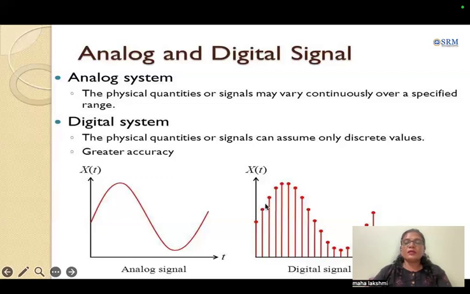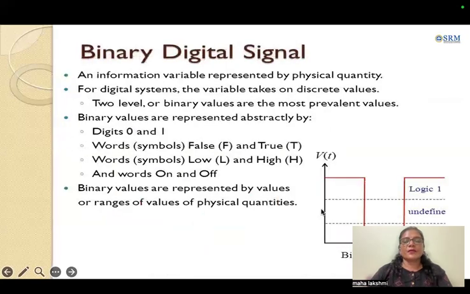In between, we don't have the representation in digital signals. So discrete or distinct values alone will be represented by a digital signal. This is the difference between the analog system and the digital system. The analog system is continuous with respect to time, while digital signals are discrete in nature.